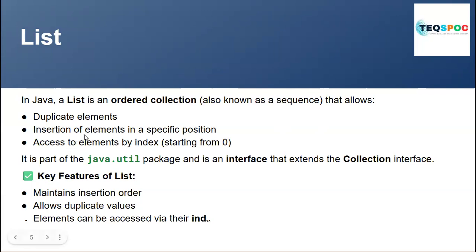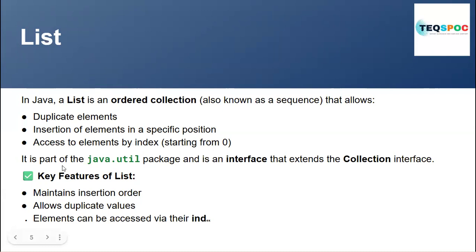We can access the values stored inside the list with the help of indexing. Indexing starts with 0, as we know already. You can store heterogeneous data also, and you can store duplicate values in the list.